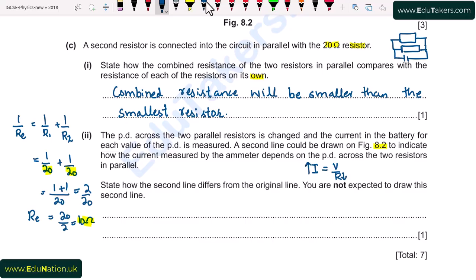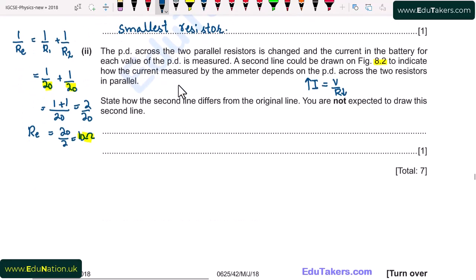It means that there will be a line for this resistance which has a steeper gradient. So I write here: second line will have steeper gradient because its resistance is very small as compared to the original. Write here steeper gradient.